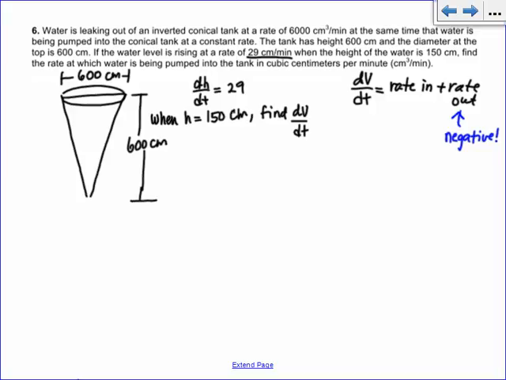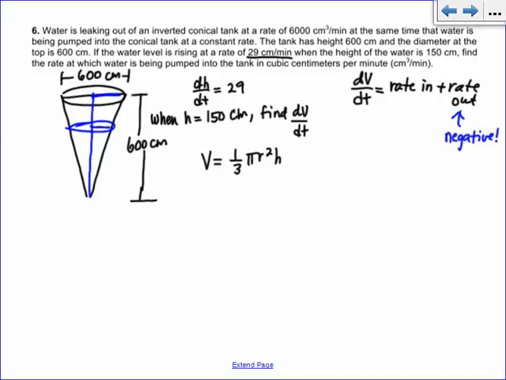So we're not going to worry about this 6,000 till the very end, because that's how much it's leaking out right now. But I want to find the total change in the volume first, okay? So I'm going to have V equals 1/3 area of the base, pi r squared, times h. As the water is draining, you do have similar triangles.